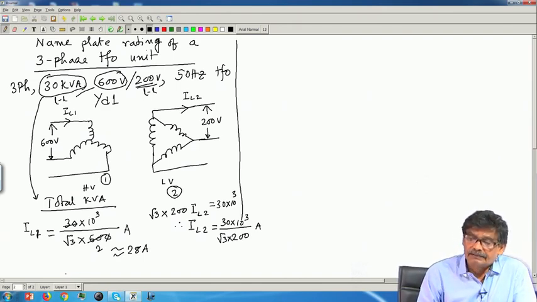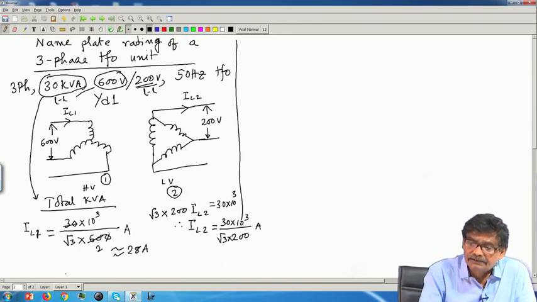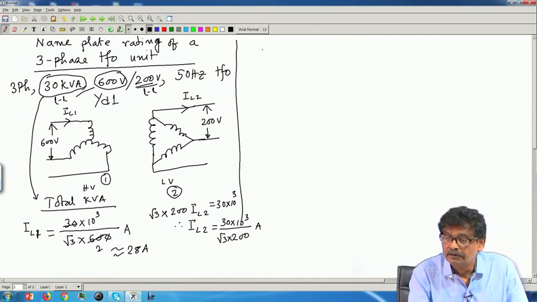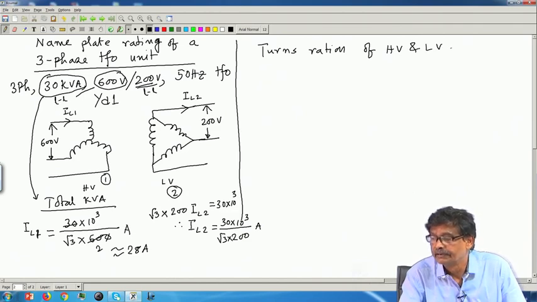Now, then one may ask the question, what is the turns ratio of the windings? How to find out the turns ratio? Turns ratio of HV and LV windings, or turns ratio per phase.